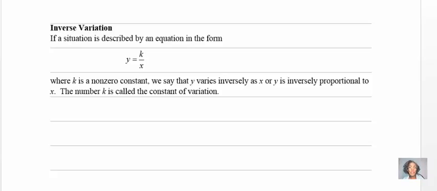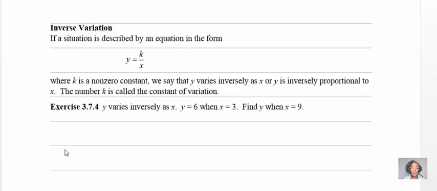So here, if x is increasing, then y is decreasing, and vice versa. If y is increasing, x is decreasing. This is the relationship that exists for inverse variation. Let's look at an exercise that uses this.